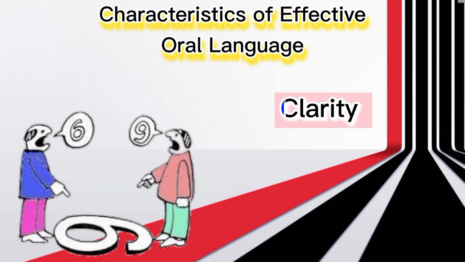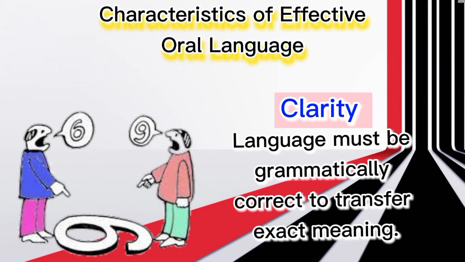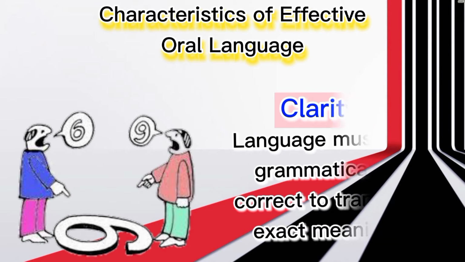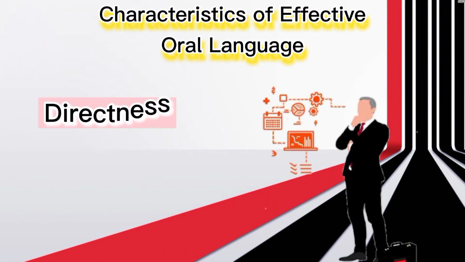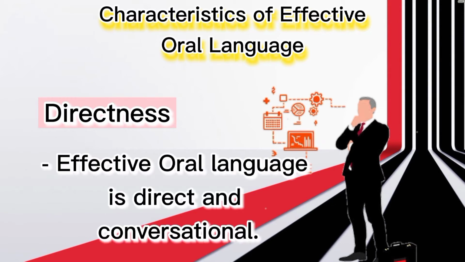First, clarity. Language must be grammatically correct in order to transfer exact meaning. We always have to remember that grammar plays an important role in our communication because mostly people misunderstand each other because of bad grammar. Number 2, directness. Effective oral language is also direct and conversational.